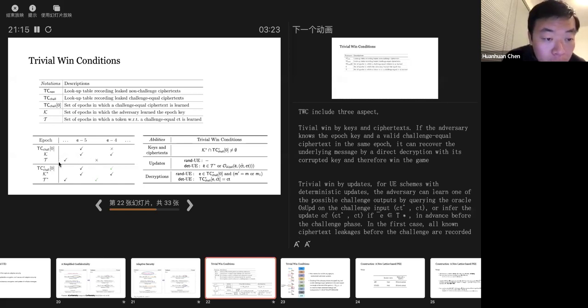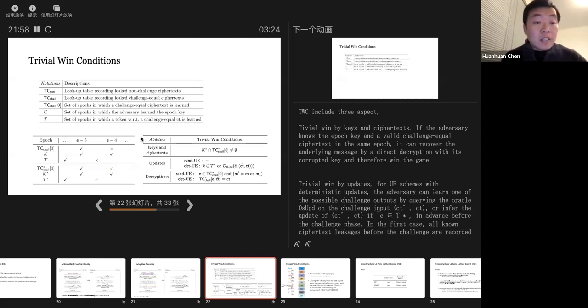For example, even though the adversary doesn't corrupt the ciphertext in epoch E-4, it can infer it by itself, because with the inferred key, it can first infer the token in epoch E-4, and with the token and the previous ciphertext, the adversary can update by itself, which means those lookup tables can be extended.